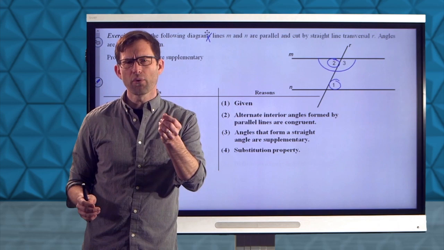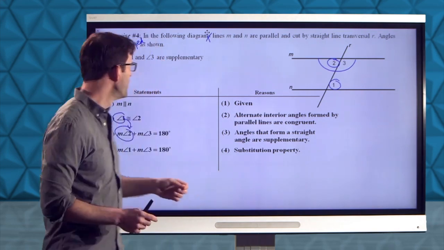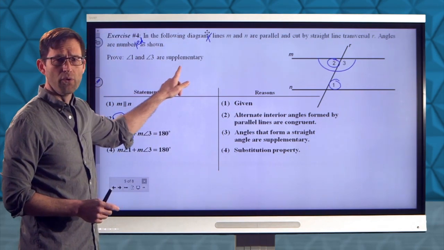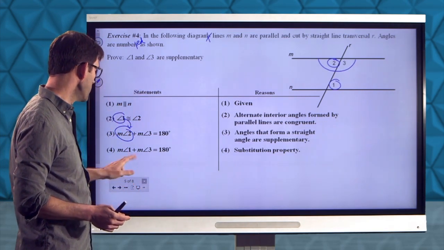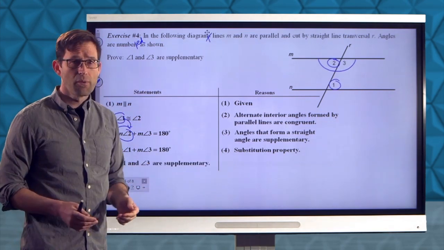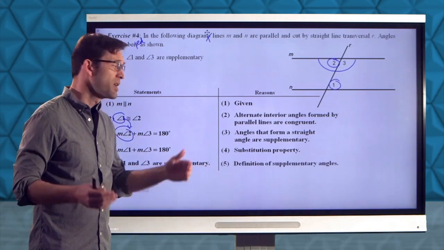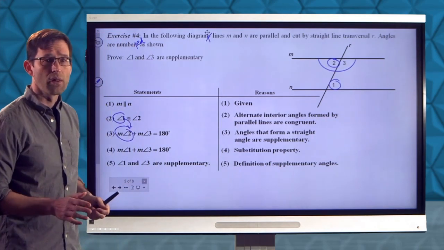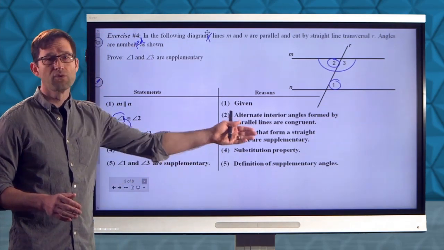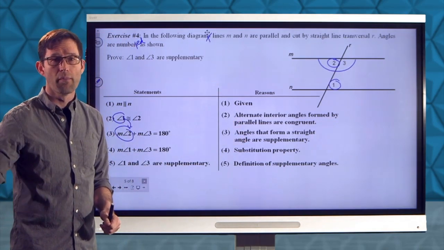Except ultimately, we pretty much always want to end a proof with whatever they're telling me to prove, right? I.e., prove that angle 1 and angle 3 are supplementary, so angle 1 and angle 3 are supplementary. Why? Because the definition of supplementary angles. Now, you could say something like, well, when two angles add up to 180 degrees, we call them supplementary.